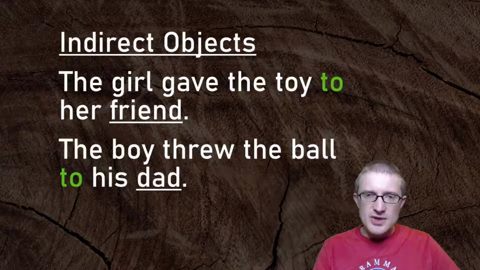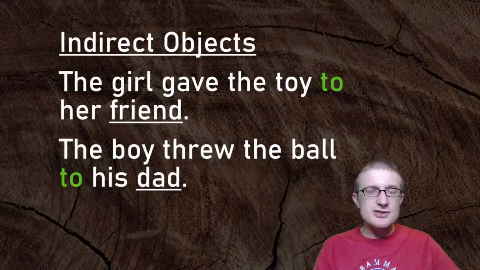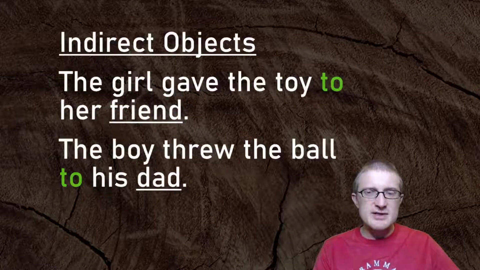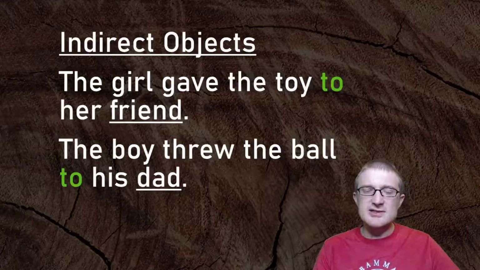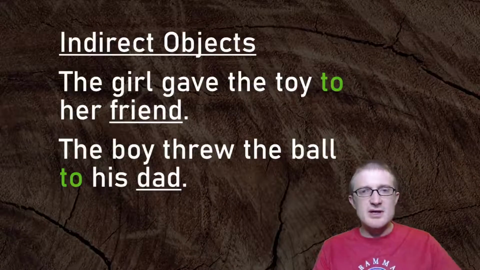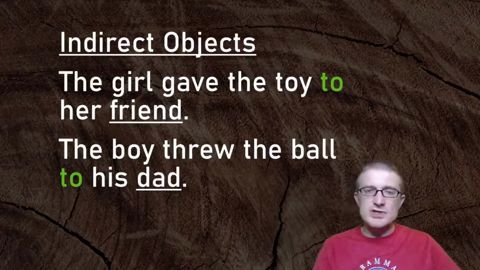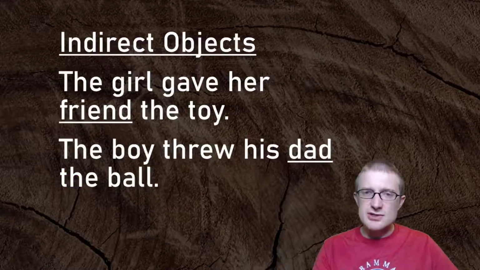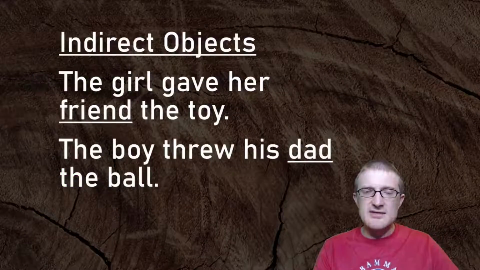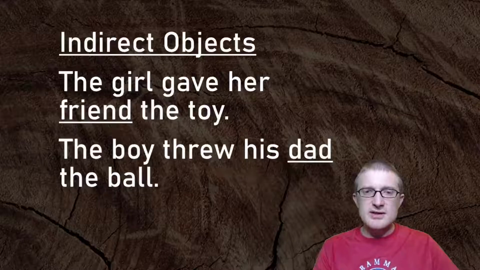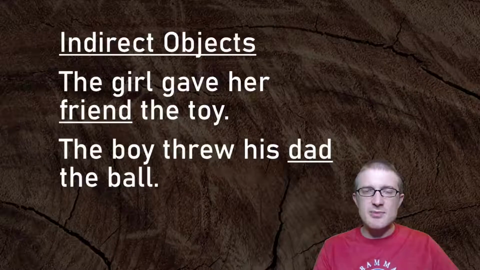See here, the toy comes first, and then to her friend comes after. The ball comes first, and then to his dad comes after. But if we switch them, we do not need to use the word to. The girl gave her friend the toy. The boy threw his dad the ball.